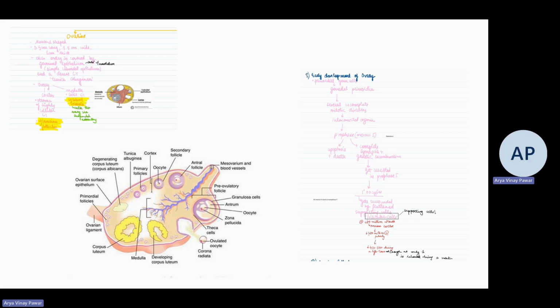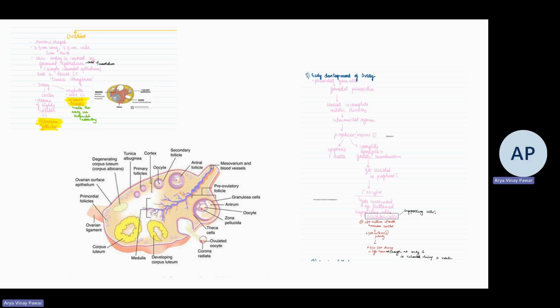Now let's talk about the early development of the ovary. In simple words, the easiest way that I've written it down here is in the form of a flowchart. The ovary itself comes from the primordial germ cell, around the time of fertilization. Like we know, fertilization takes place when an ovum and a sperm meet and form an egg.